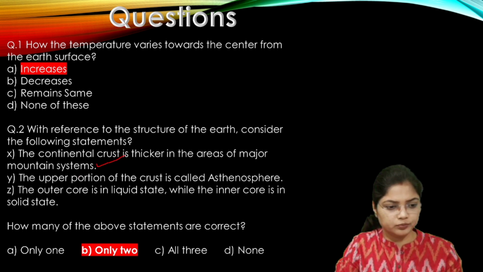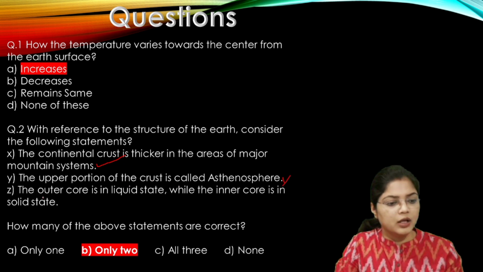True. The upper portion of the crust is called the asthenosphere. No. Asthenosphere is present in the mantle layer. And the outer core is in liquid state while the inner core is in solid state. It's true.